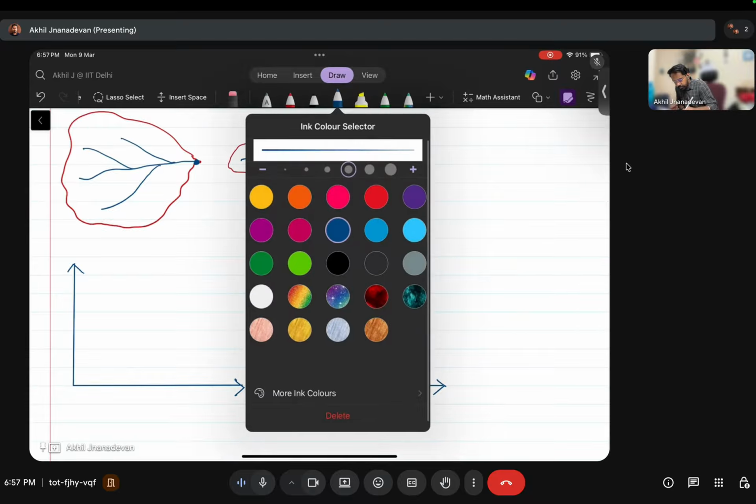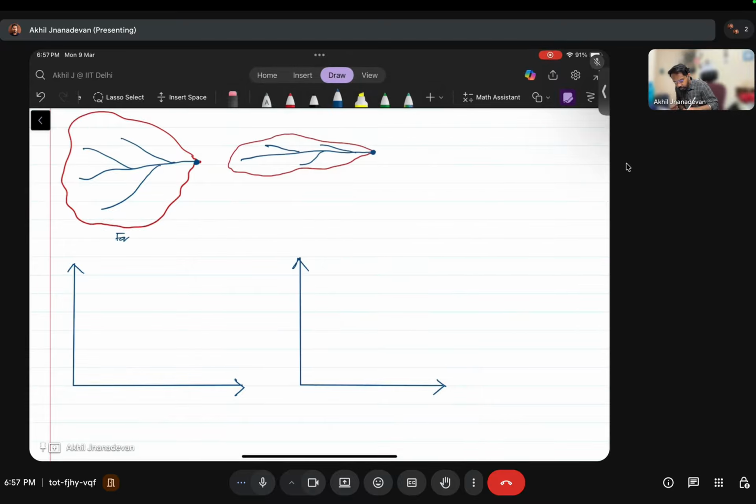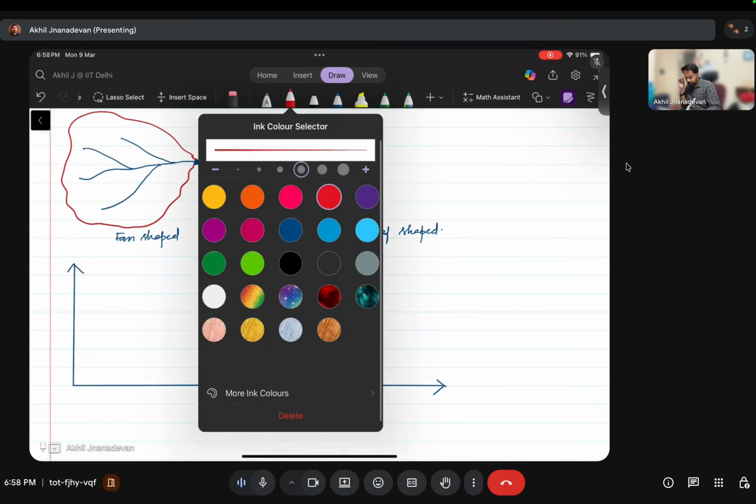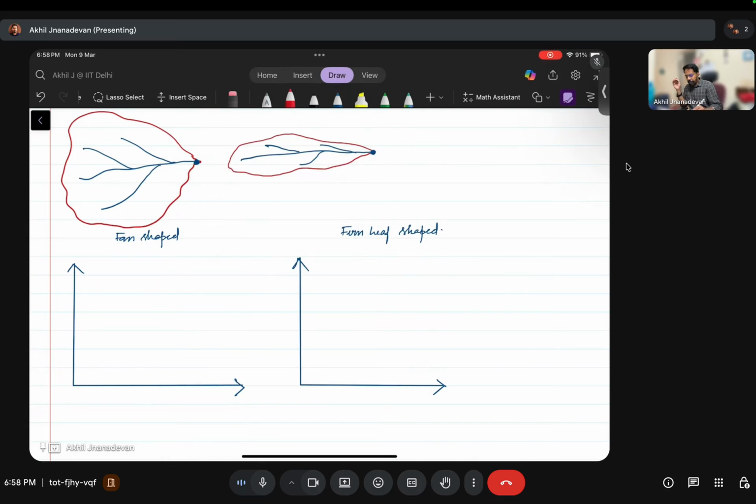Here, near the outlet location, we have a large area, right?